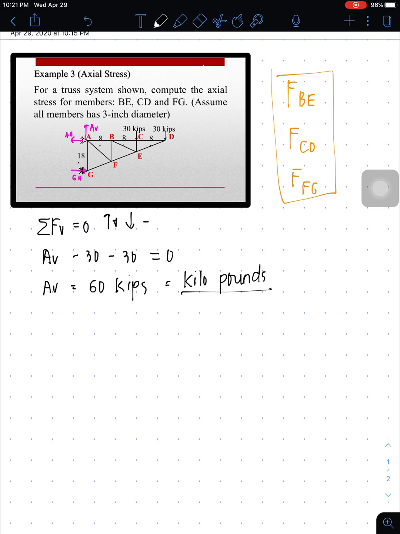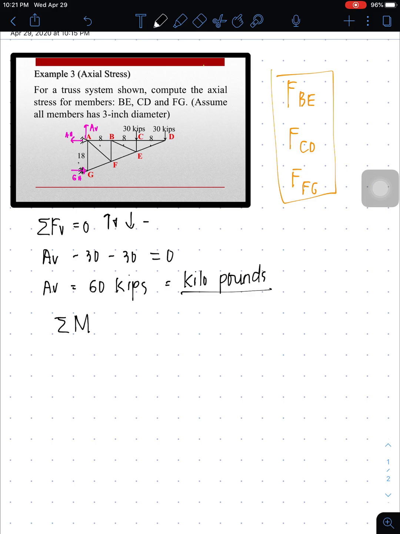Then what are we going to do next? Let us solve for either of the two. Solving that, we could have summation of moment, because we cannot do the summation of horizontal forces: as you can see, there are only 2 forces along the horizontal, and both are unknown, so we cannot solve anything.